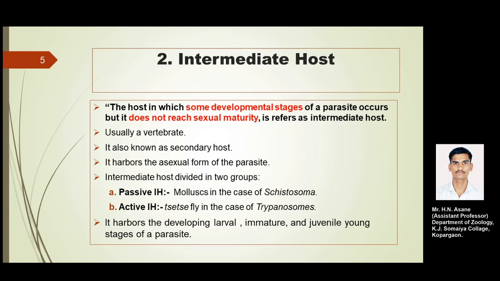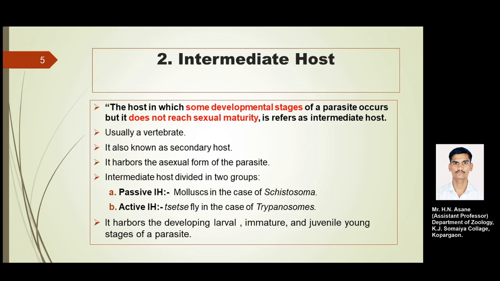Intermediate hosts are divided into two groups. The passive intermediate hosts are located in general in the mollusks, in the case of Schistosoma. We are going to see the detailed life cycle of Schistosoma and its mode of transmission, as well as its pathogenic effect on us, in coming chapters.